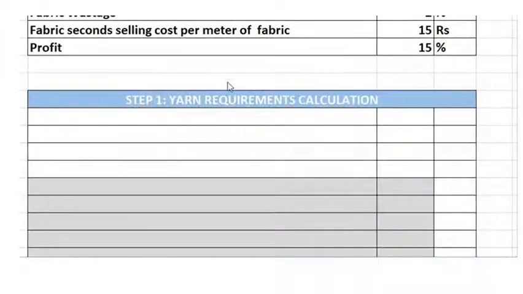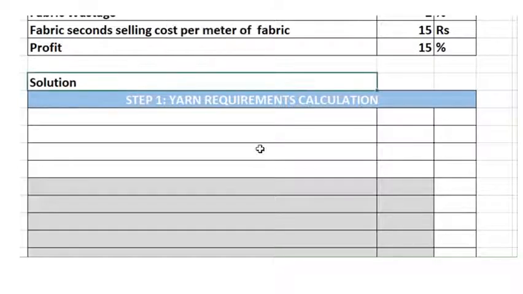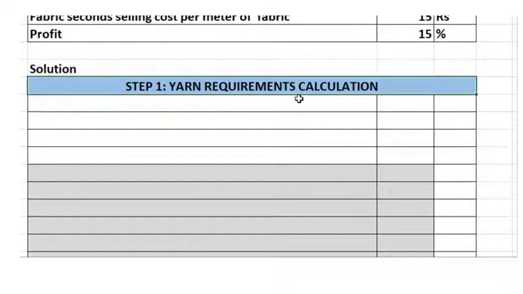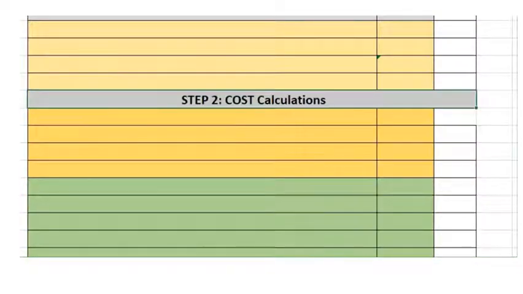Let us look into the yarn requirement and the cost calculations. So it has to be done in two steps. First is the yarn requirement calculation, weft yarn and warp yarn, and then the cost calculations. In the cost calculations, we have three steps.